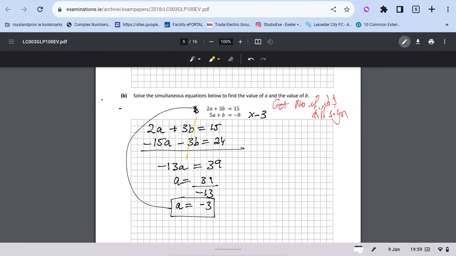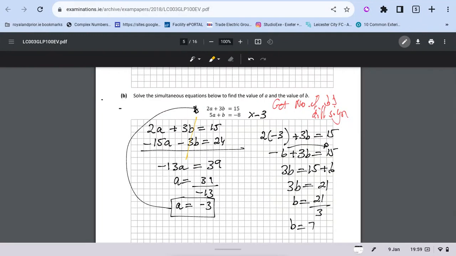So instead of saying 2a, I'm filling in minus 3 for my a. Numbers one side, letters the other. Change the sign if it comes across. 21 over 3, b is equal to 7.